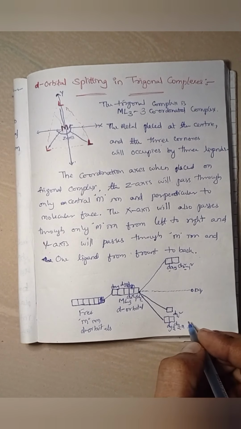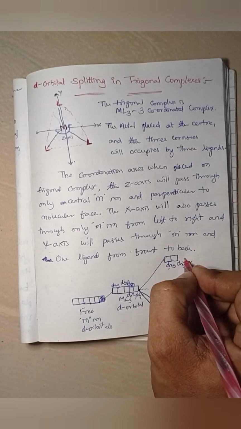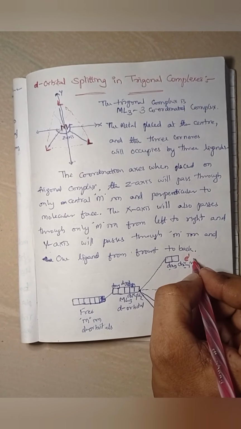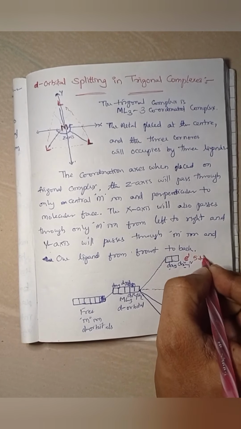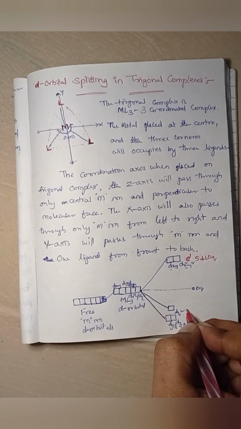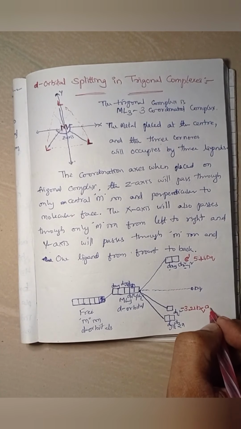Right. So the energy states, if we indicate here, the high excited doubly degenerate state is given the Mulliken symbol E bar, and it is excited by 5.46 dq energy level, and the dz square orbital reaches the lowest energy level of minus 3.21 dq, and it is indicated with the A1 Mulliken symbol, singly degenerate.